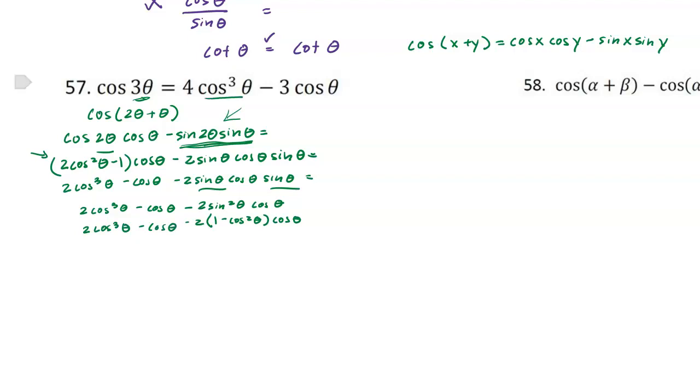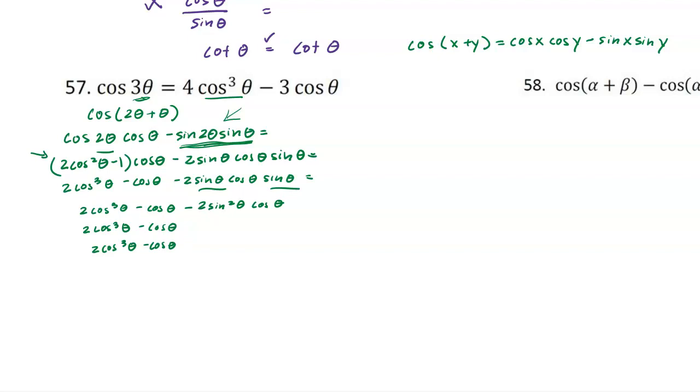Because I have a cosine cube theta on the right hand side. So 2 cosine cube theta minus cosine theta, distribute -2 plus, wait a second. If I do that, then I have to distribute this entire thing. Let's rewrite this.